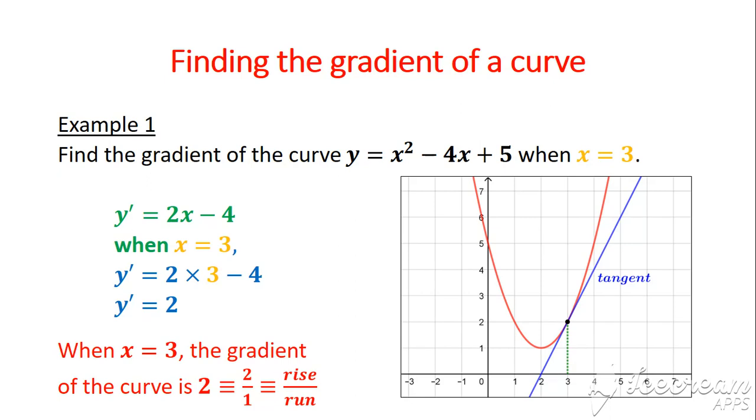Now notice the tangent can move along the graph and the gradient will constantly change. We've been asked to calculate the gradient of the curve or the tangent when x is equal to the number 3. And we worked it out to be 2, which means at that point the gradient of the curve is equal to 2. It rises up 2 and runs along 1.